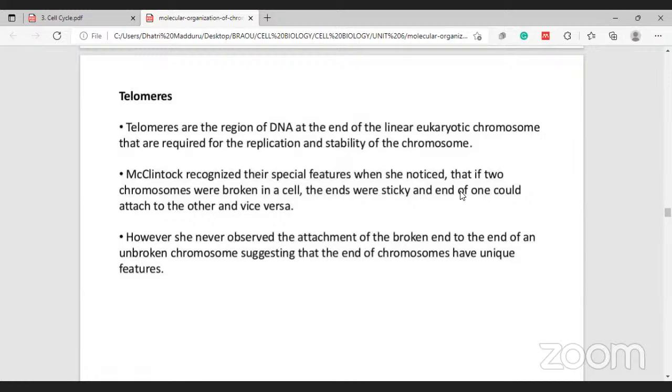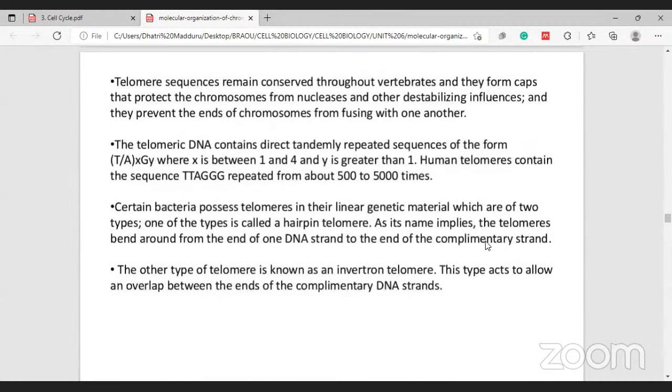McClintock recognized this feature: if two chromosomes were broken in a cell, the ends were sticky and the end of one could attach to the other. However, she never observed the attachment of a broken end to the end of an unbroken chromosome. That means the ends of chromosomes have unique features, which are called telomeres.